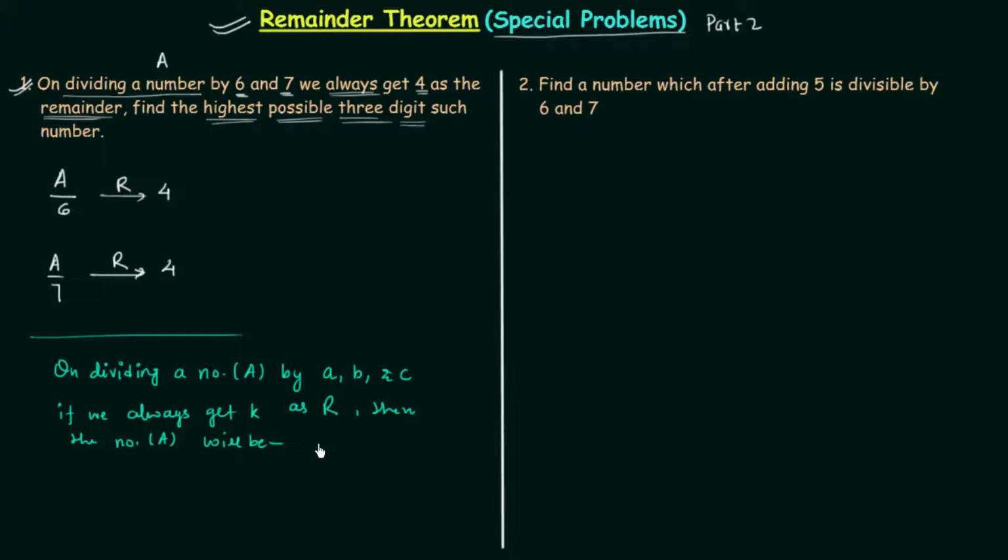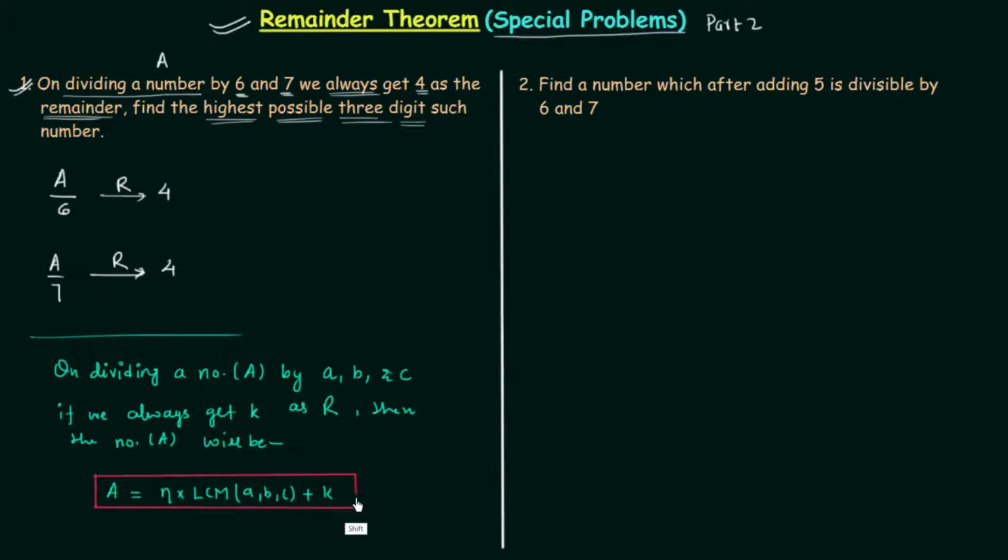Whenever this condition is there, you can directly calculate A using: small n multiplied by the LCM of a, b, c, plus k. I will put this formula inside the box.